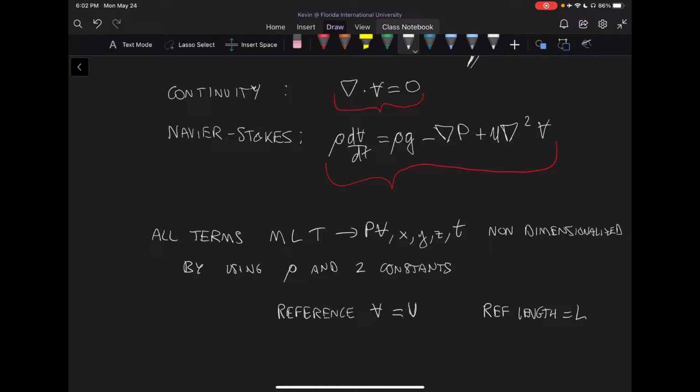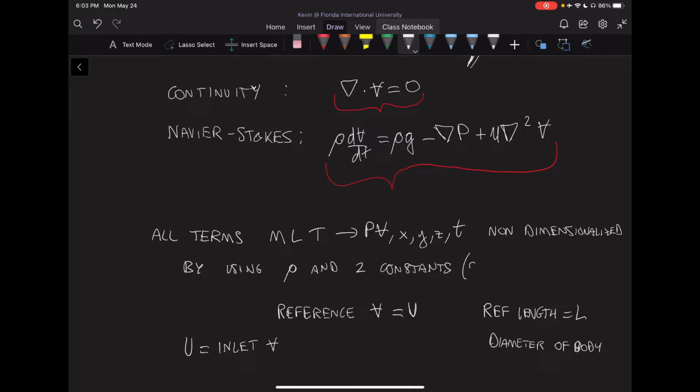U, for example, in a specific flow, could be the inlet velocity, and L could, for example, be the diameter of the body if it's something circular in shape. These are reference dimensions within a flow, so they stay constant.